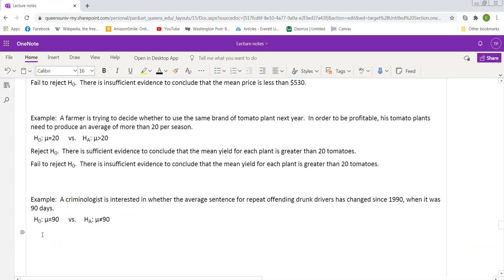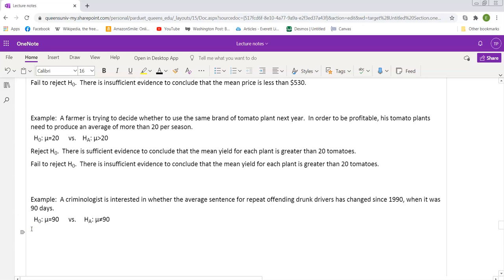Our final example is that a criminologist interested in whether the average sentence for repeat drunk drivers has changed. We had mu equals 90 as our null hypothesis and mu not equal 90 as our alternative hypothesis.